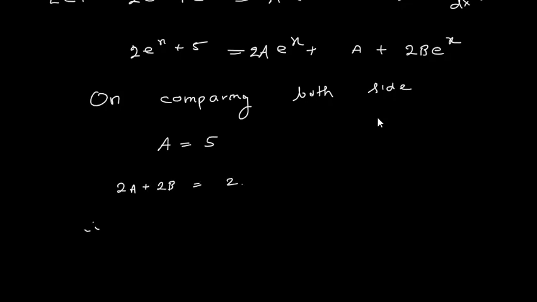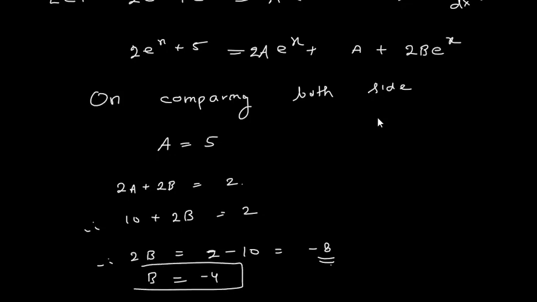So therefore 2 into 5, 10 plus 2b is equals to 2. So therefore 2b is equals to 2 minus 10 is equals to minus 8. So value of b, therefore it is minus 4. Value of a is 5 and value of b is minus 4.